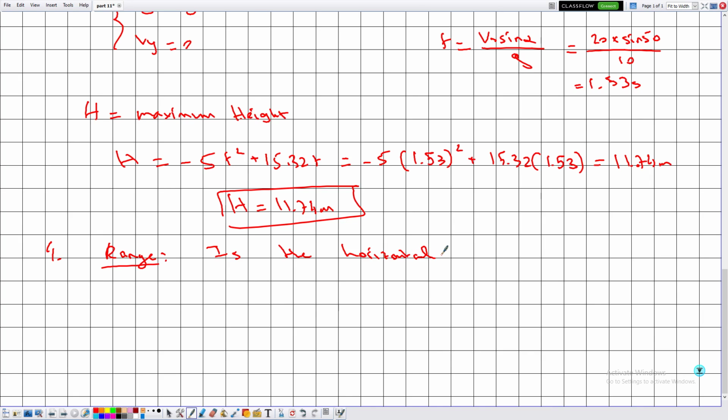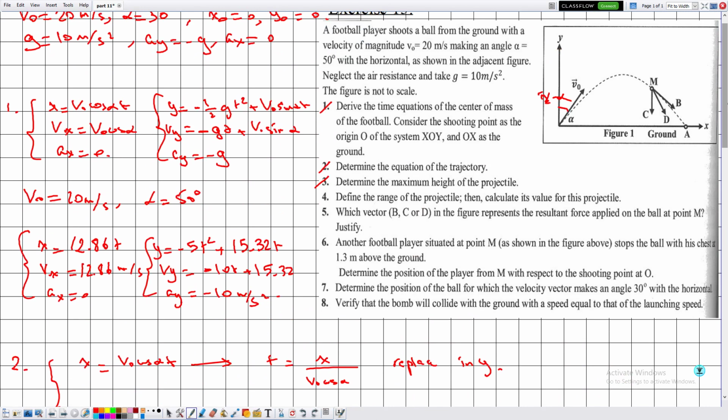Just 1 second. Is the horizontal distance between the shooting point and, so, I think it is the, I'm trying to remember the exact definition.